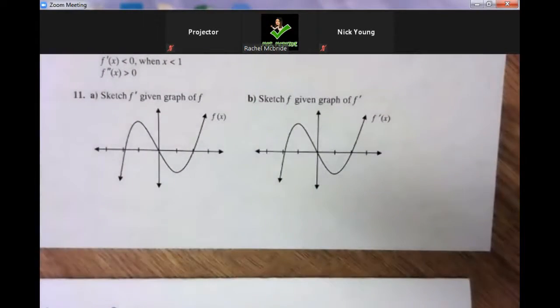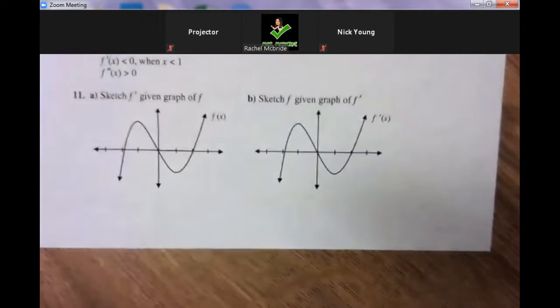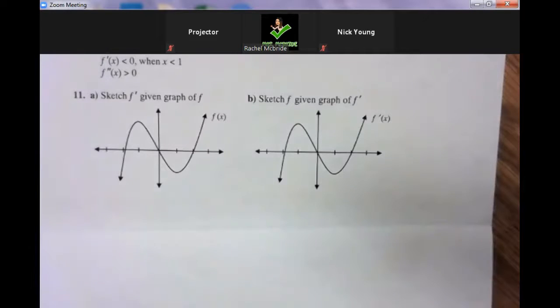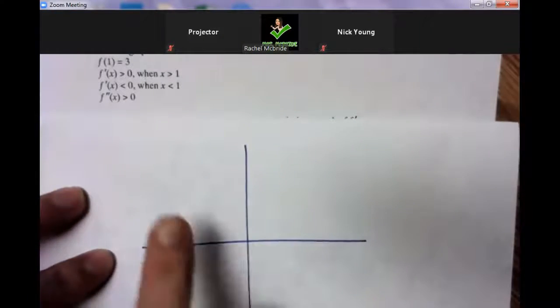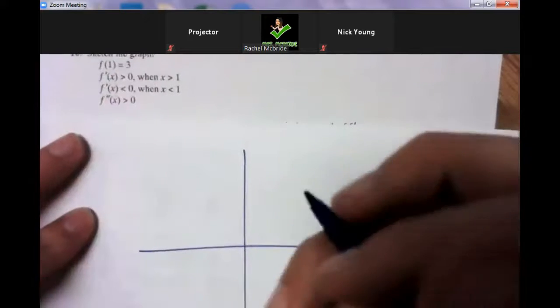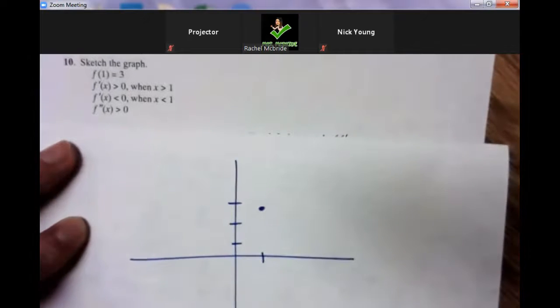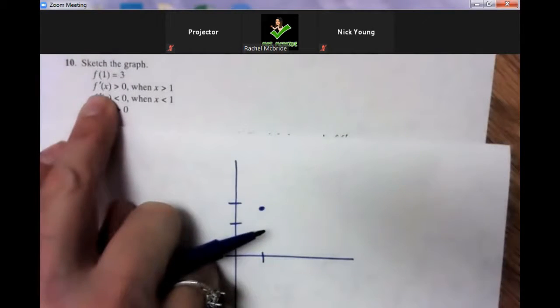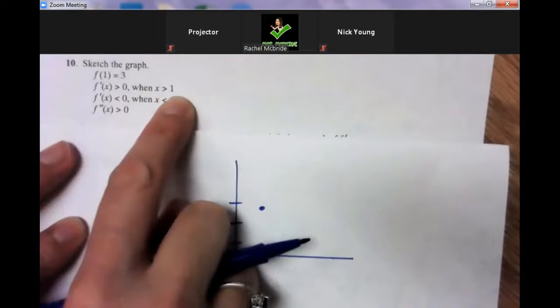And then the last part is graph sketching. So you're given f of 1 equals 3. We're given that f prime of x is positive when x is greater than 1.